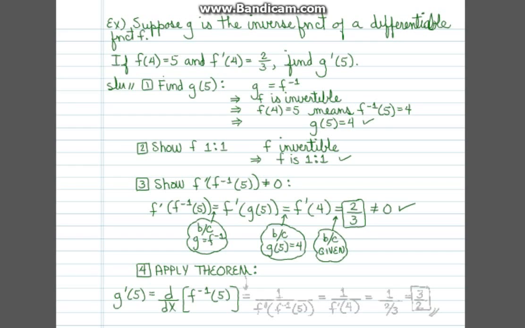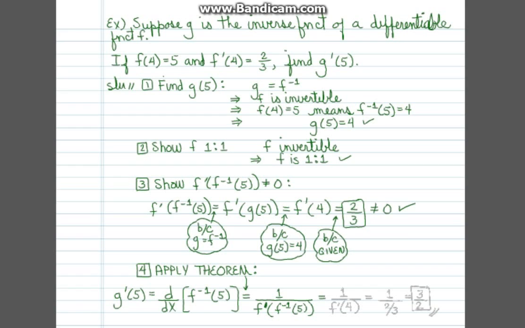Then g prime is the derivative of that inverse function. Now we apply the formula right here. Apply the theorem right there. That is equal, since we met all of the conditions above, to 1 over f prime of f inverse. So this is f prime first, and then an inverse function next. This is a composite function acting on 5. 1 over f prime of f inverse of 5.